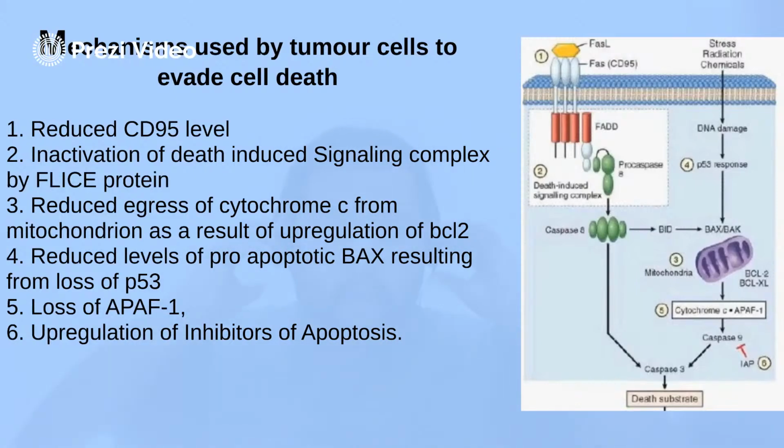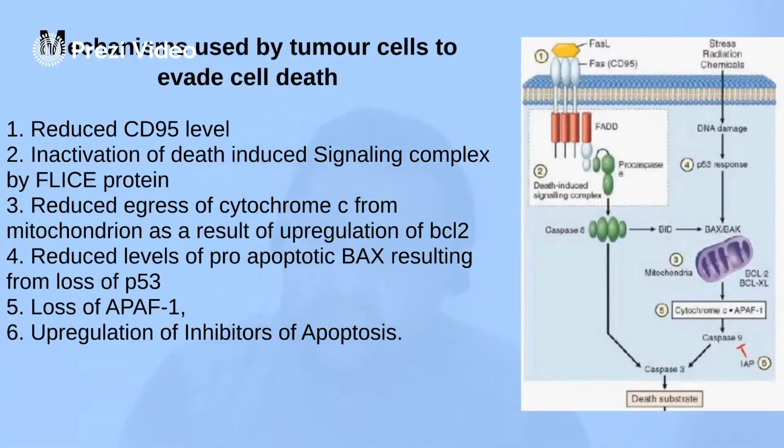It is already present generally so that the cell doesn't kill itself all the time. So the tumor cells will upregulate this so that the mitochondria keeps the cytochrome c locked in, and when the cytochrome c is locked in, it won't bind with APAF1, and that won't result in caspase 9, and that won't result in caspase 3, which won't result in apoptosis.